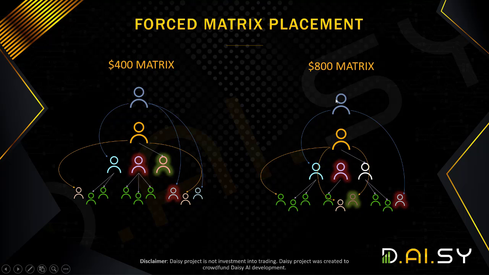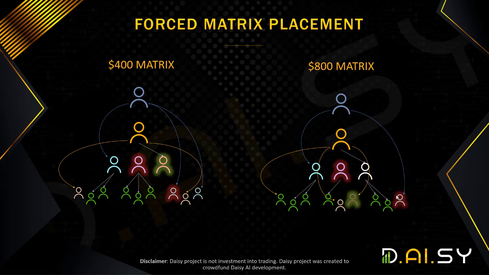Then my sponsor's person that he brought in, who's a strong leader, joins, but now he doesn't fall underneath this pink person with a green glow because he's not on the first line. He falls underneath somebody else, right?